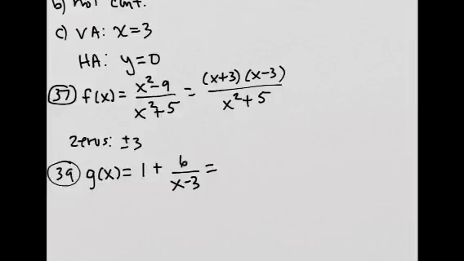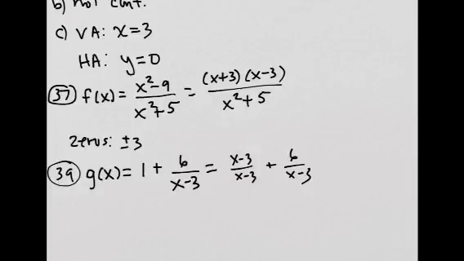Okay, 39. Alright, so for 39, I'm going to go ahead and combine the two terms, the 1 plus 6 over x minus 3. So my common denominator is x minus 3, so it's going to be x minus 3 over x minus 3 plus 6 over x minus 3. So this is actually 1, right? I just gave it a common denominator of x minus 3, but this is equal to 1.